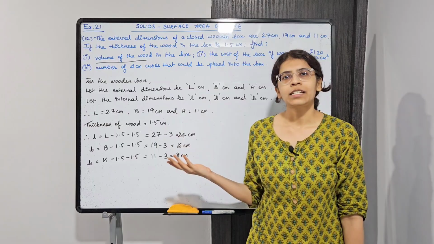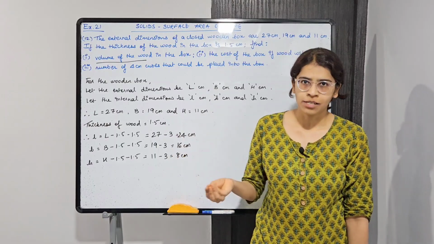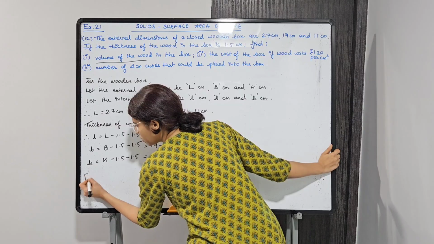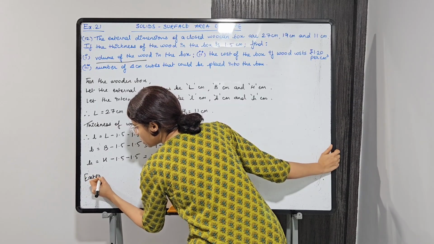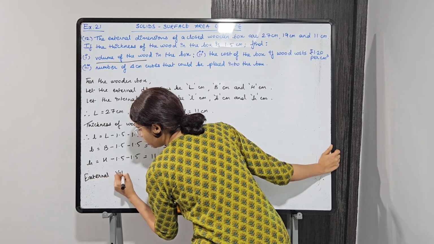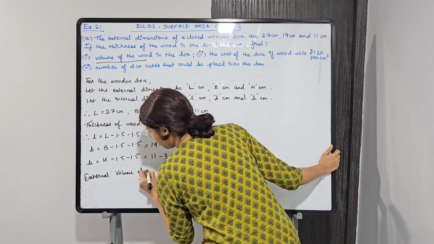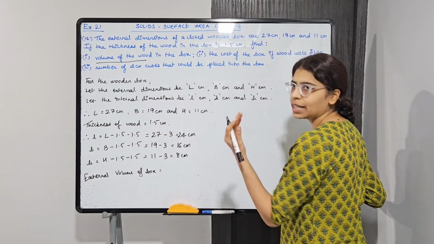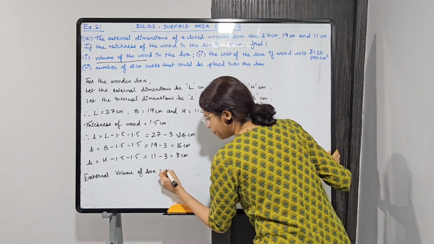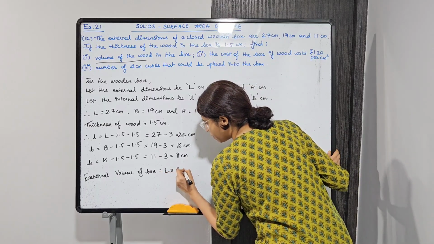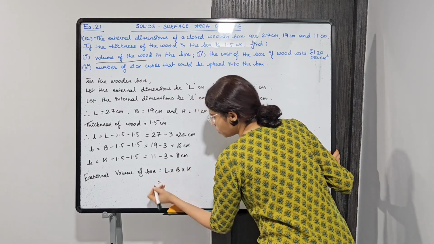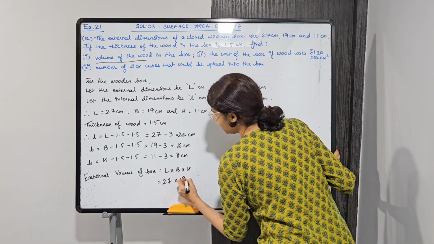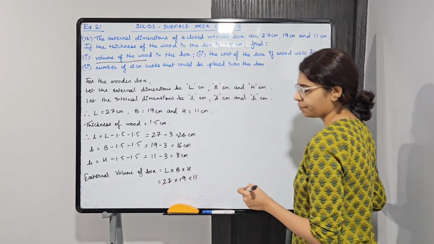So now we can easily find the external volume and internal volume. Write down: external volume of the box. It is a cuboid shaped box, so it will be L into B into H, which is equal to 27 into 19 into 11.